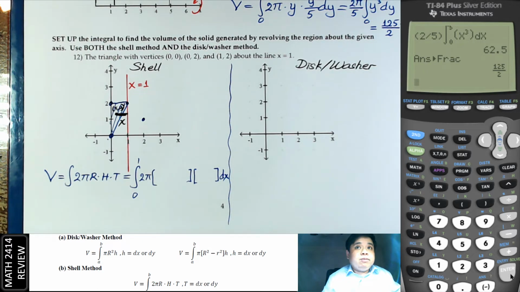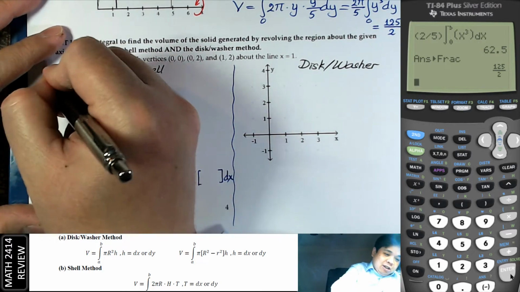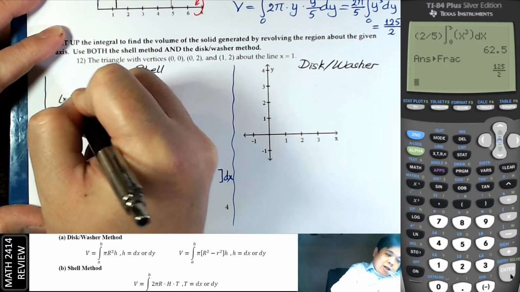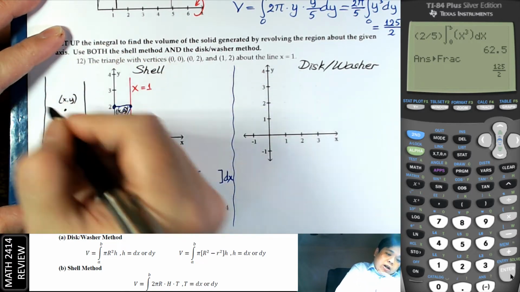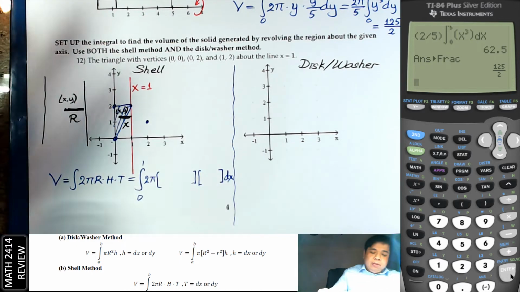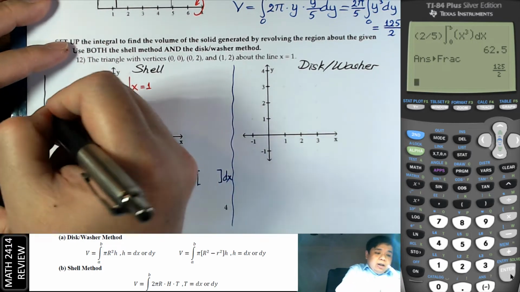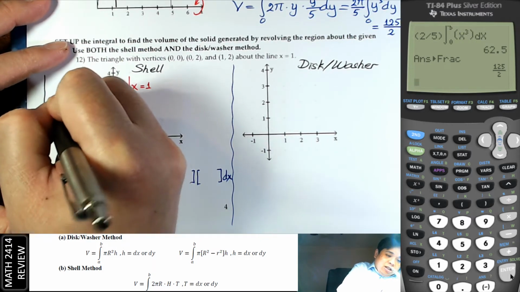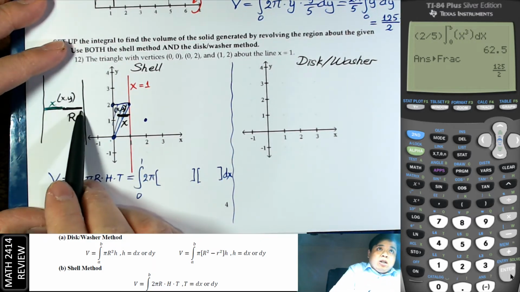Now let me zoom in and then talk about this. This distance is x and y, and what we want is the r here. Now, the x actually is the distance to the y-axis, so this is x. What we want is r.